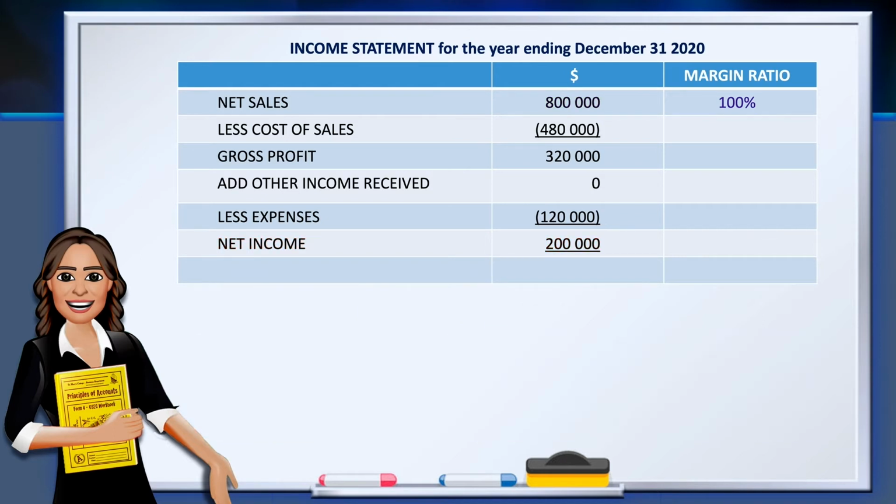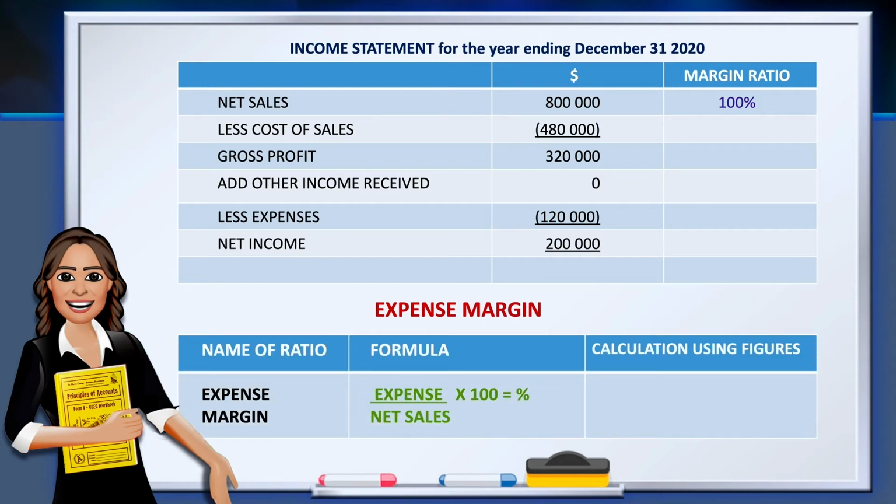Now we are going to calculate our expense margin. Same, we are going to use the formula, expense over net sales by 100. You have your figures there, 800,000 for your net sales, expenses 120,000. So you plug it into the formula and you will get your answer of 15%.